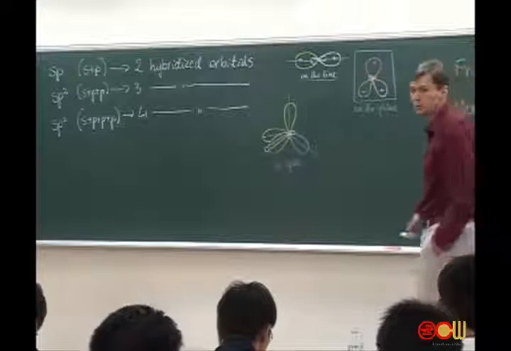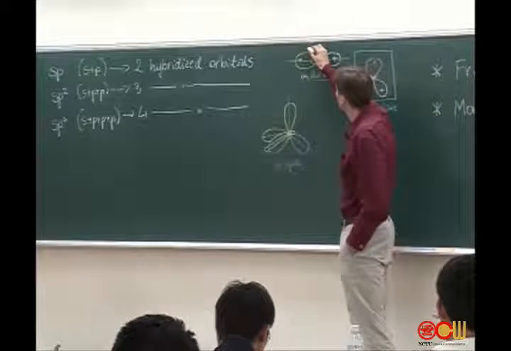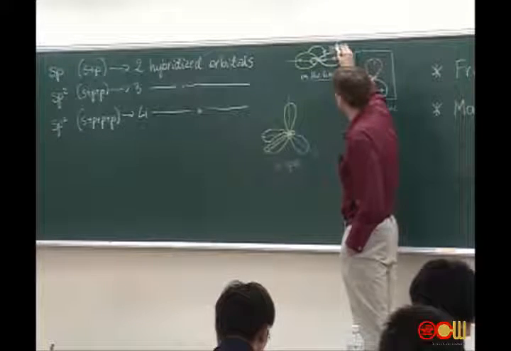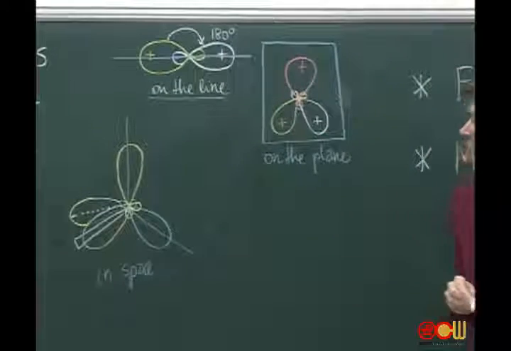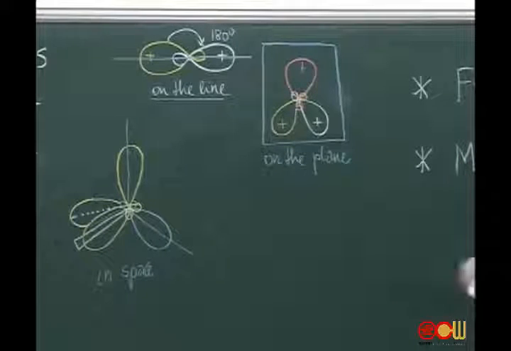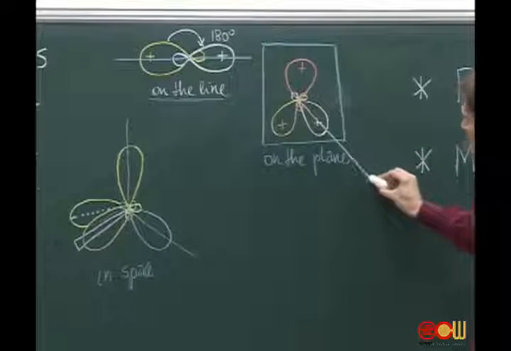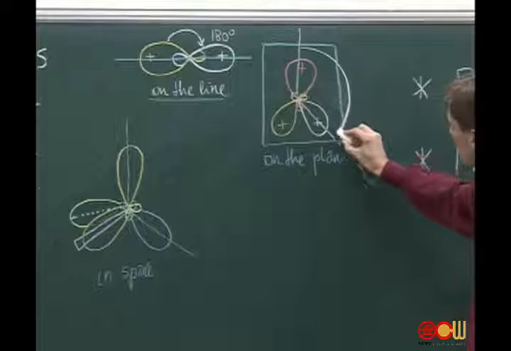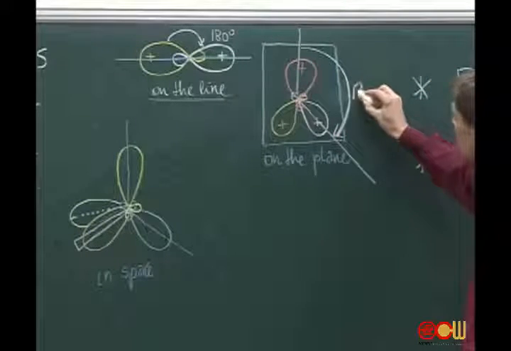Now, an important thing to remember is the angle here between these two orbitals is 180 degrees. The angle here between these two orbitals is 120 degrees.